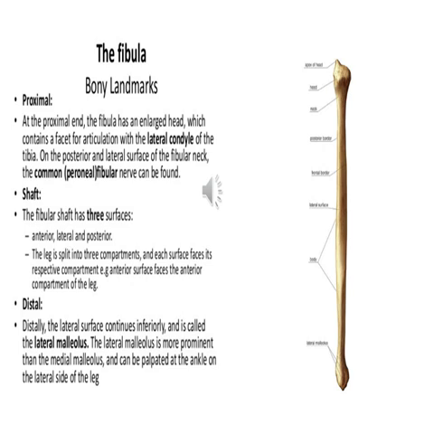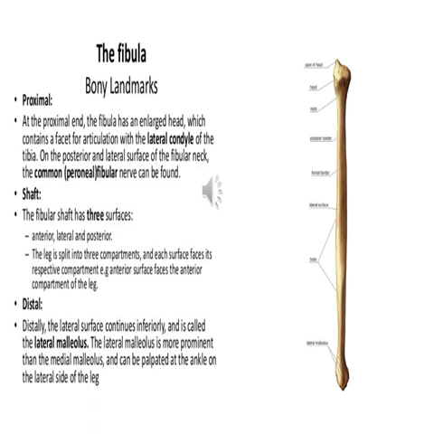It would articulate with the lateral condyle of the tibia and is involved in the formation of the tibiofibular joint. On the posterior and lateral surface of the fibular neck, the common peroneal nerve can be found. And there is a shaft. The shaft will have three surfaces and three borders.